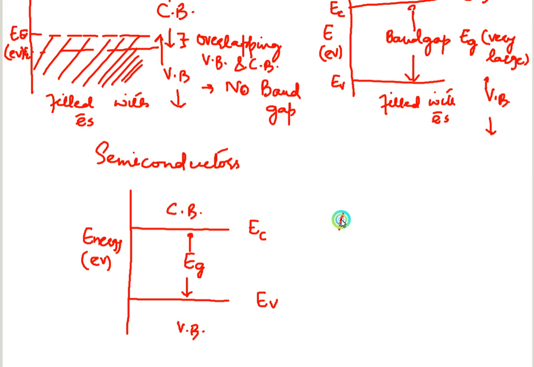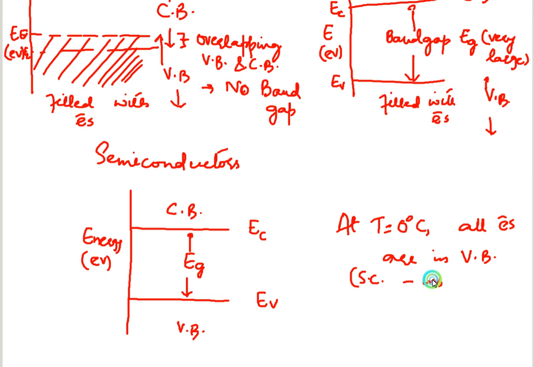Again, for the semiconductors at temperature T equals 0, all electrons are in the valence band. So no electron is in the conduction band because there is a band gap between the two. So at T equals 0, semiconductors behave as insulators.